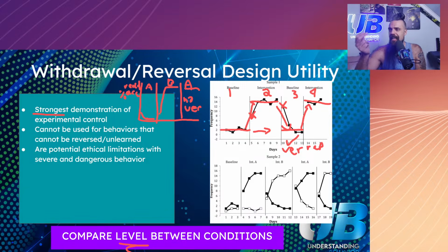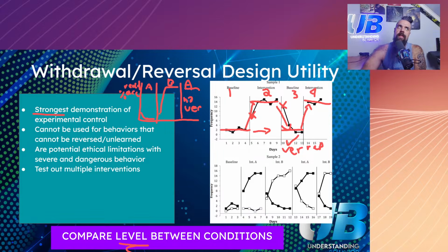But typically it's not going to be the best design here, because it requires that reversal to baseline, and we would be required to remove a potentially effective intervention, and that might not be so great. Cool.